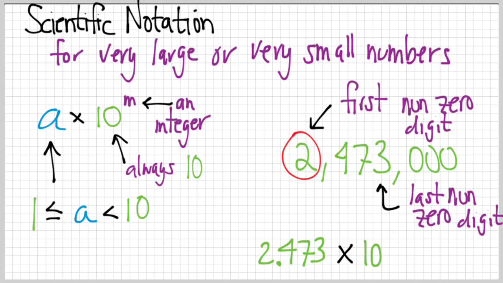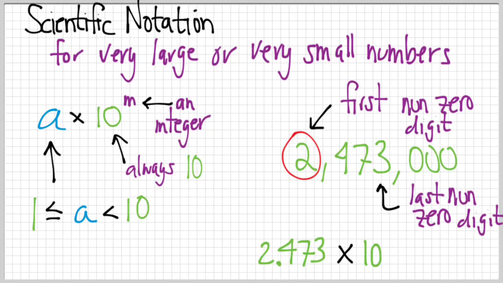Times 10 to a power, and the question is, what do we put here for the power? To figure that out, we need to ask ourselves, how many places did we move the decimal point? The decimal point was over here. It's just implied. You don't have to write it when there are no more decimal places, but it would have been here if we had it.